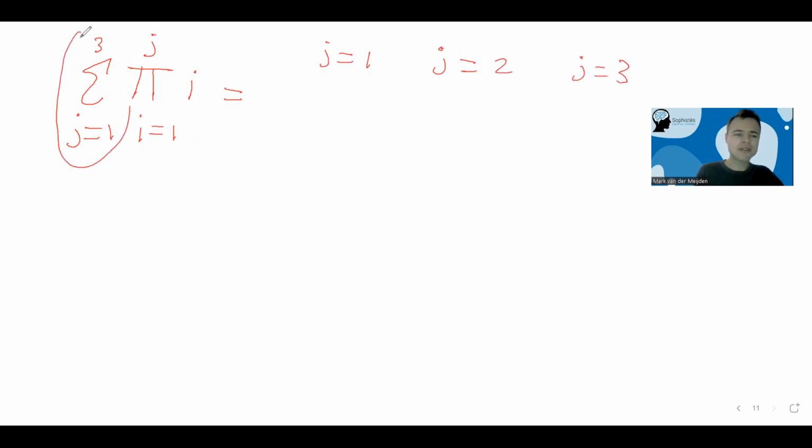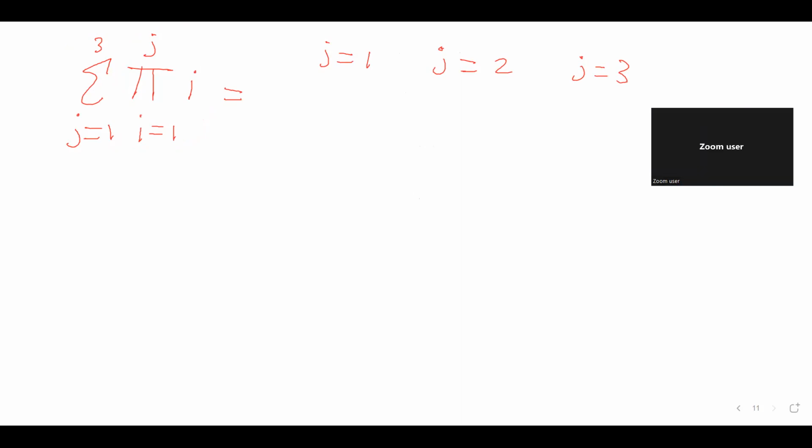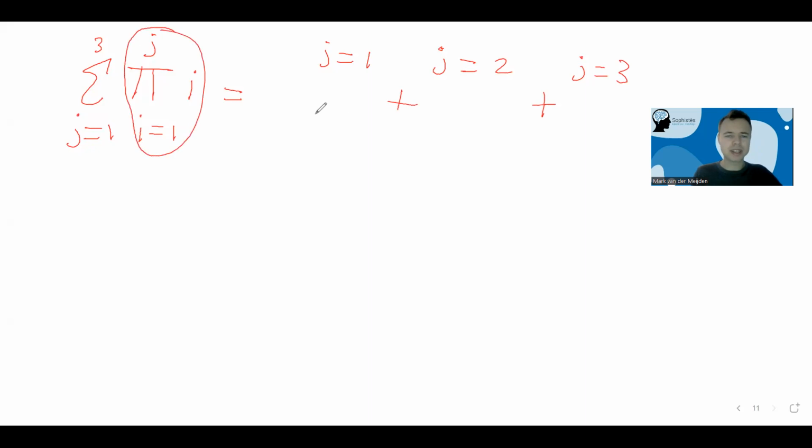So we start with the left operator. What kind of signs do we get in between then, if we first start with the left one? Plus. Yes. So here we get plus. And then we're going to fill this one in.